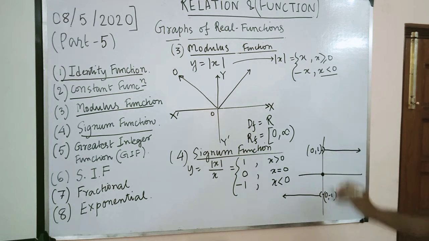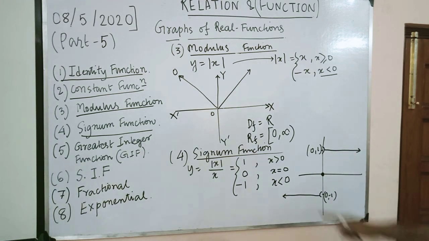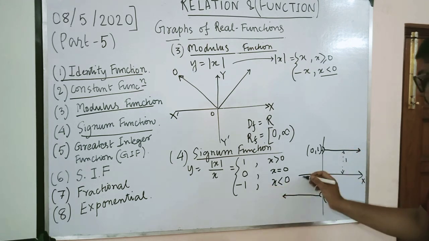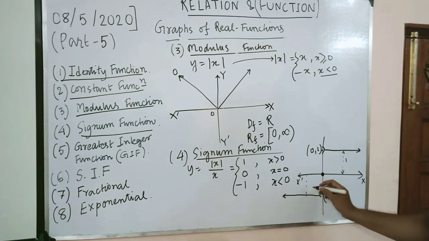That means this value is not taken. For x greater than 0, that means this side, for the positive x part, the y value is 1. And for x negative, that means in the negative direction, the y value is below, that means it's minus 1.